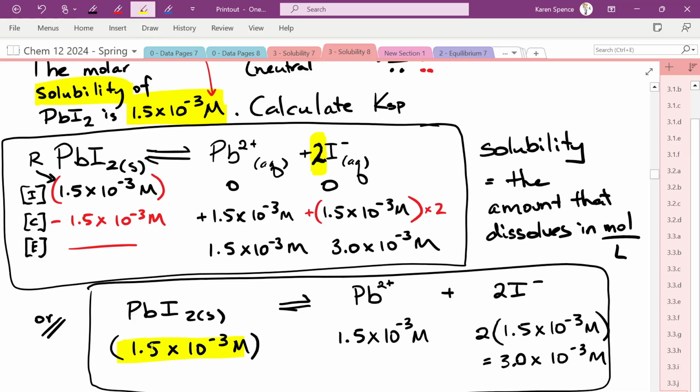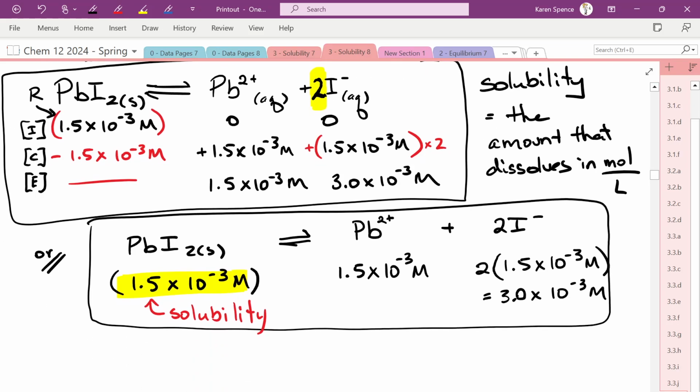So this right here is our solubility. That's how much dissolves. And for every one of those that dissolves, I get 1 lead. And for every 1 PbI2, I get 2 I minus. Does that make more sense now? Okay, good. Thank you for asking that lovely clarifying question. I appreciate it. Sometimes I get ahead of myself.